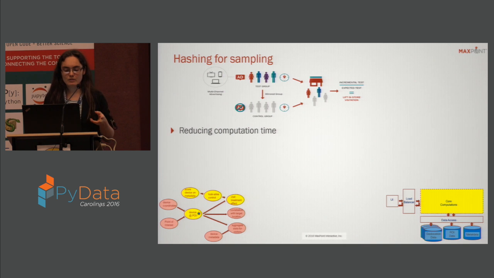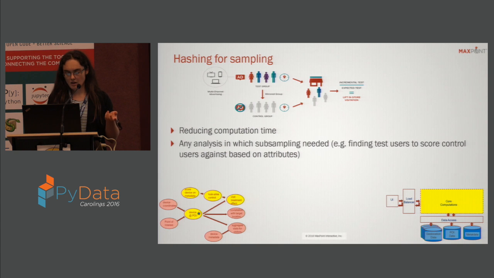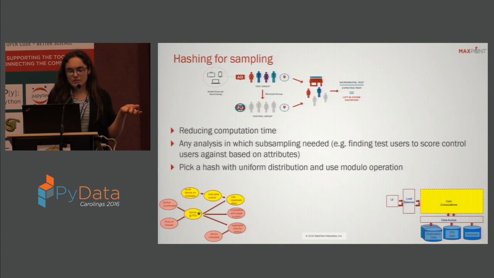Hashing is a way to reduce our computation time and do some subsampling by taking a basic hash of your choice that has a uniform distribution, hashing your user IDs and using a modulo operation. You can do a uniform subsample so that you don't have to use every single person in your potential control pool. And you can also uniformly sample throughout a distribution that you want to have in that pool.